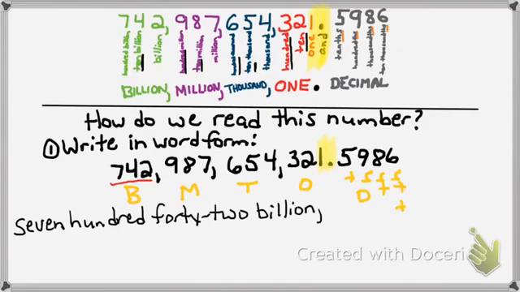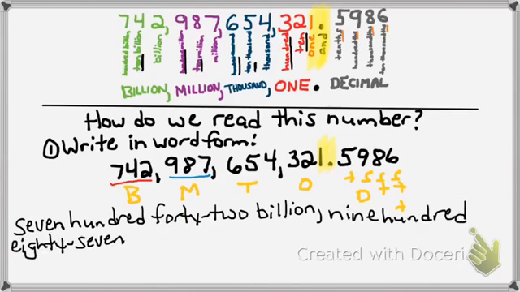Put my comma. Now I'm going to move to the next period. 987 is 987, so I'll write that down. And 987 is in the millions column, so I'll write the name million. Put my comma to remind myself that I'm going to the next period.